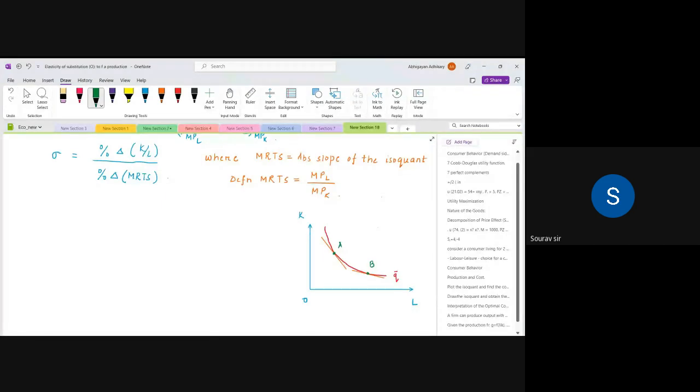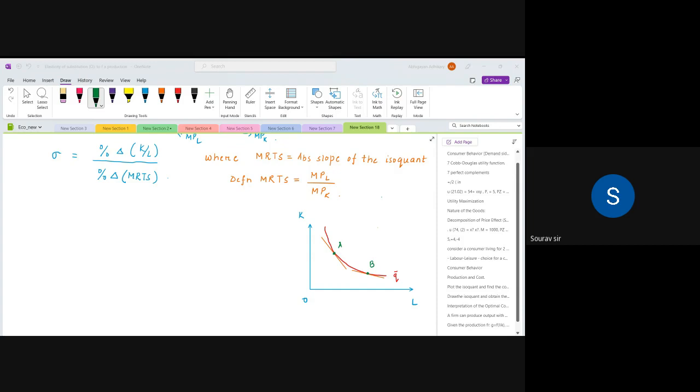But the rate at which you can substitute labor versus capital is different. When you are at point A, the rate of substitution is very high because the tangent is steeper. You can substitute more labor for very little capital. But when you come to a point like B, the marginal rate of substitution is very low. That means you can substitute only a very little amount of labor for capital.